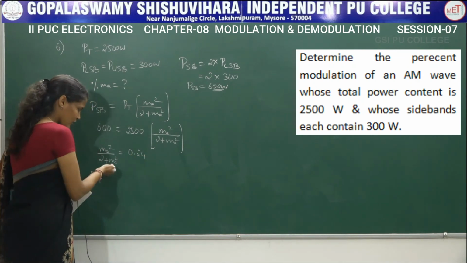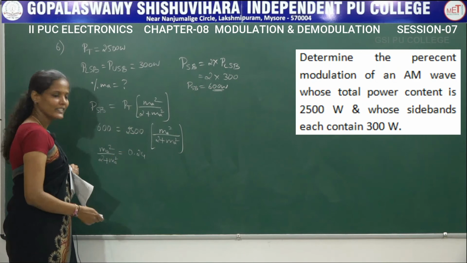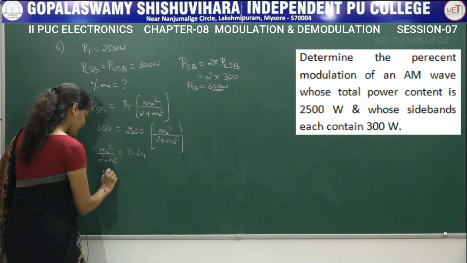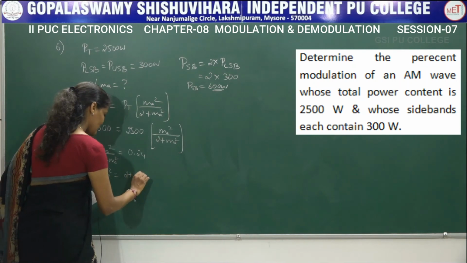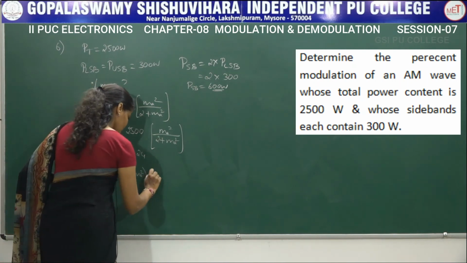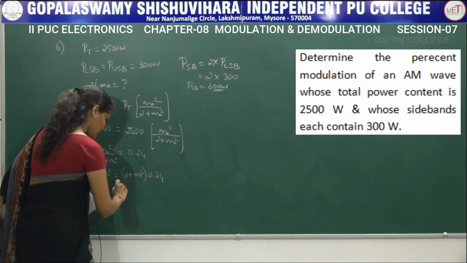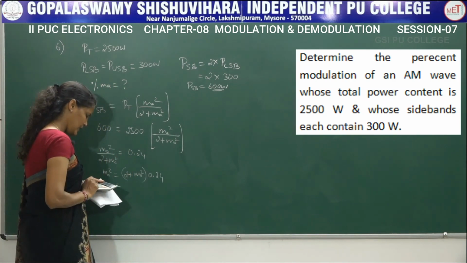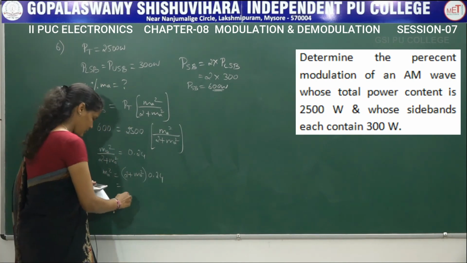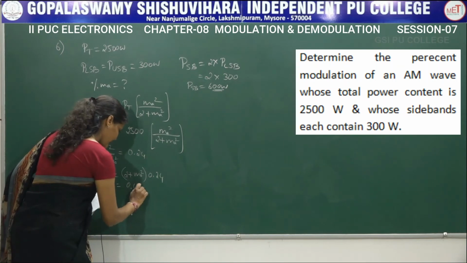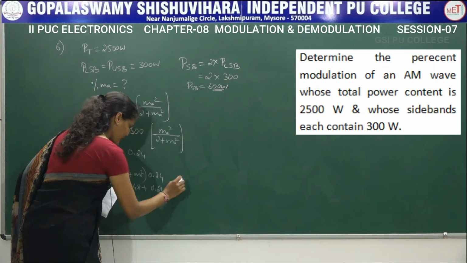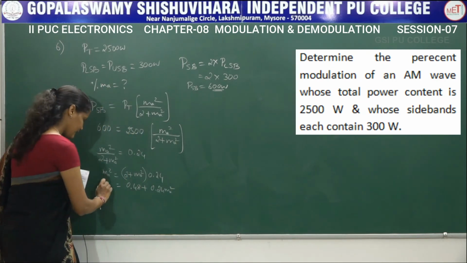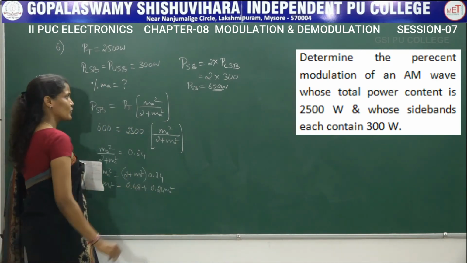Now let us cross multiply this denominator with this 0.24. So I will be getting MA square is equal to 2 plus MA square into 0.24. So 0.24 into 2 gives me 0.48 plus 0.24 MA square. I am just multiplying this. So MA square is equal to so much.